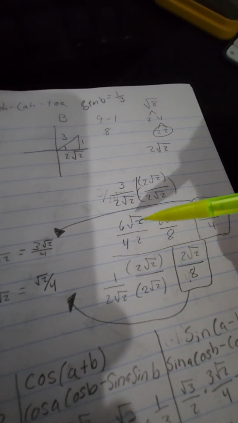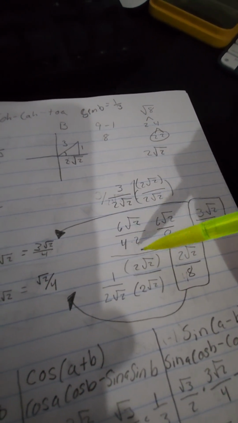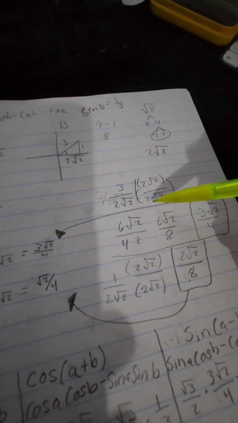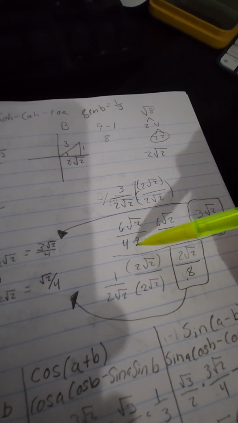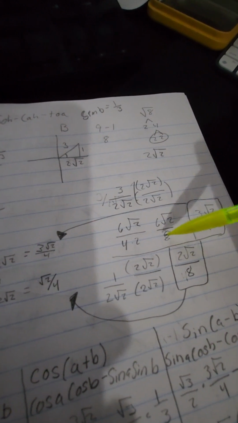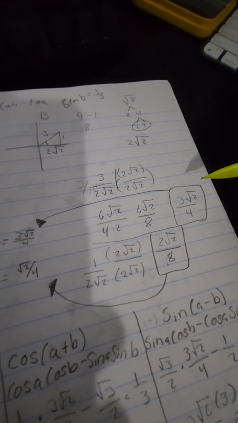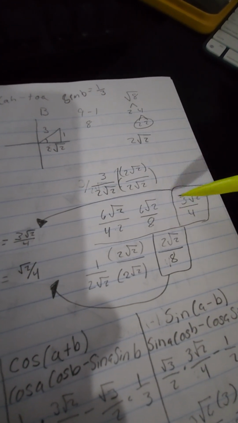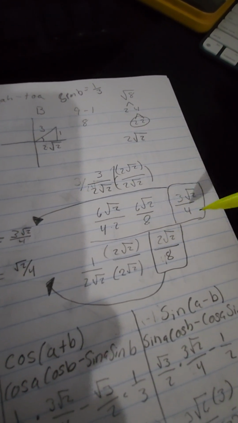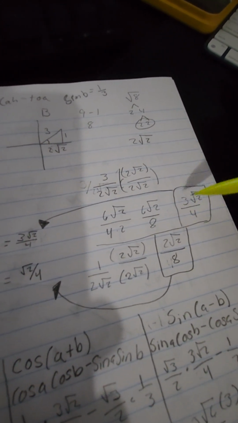Okay, so I'm sorry. 6 square root 2, and then multiply this by 4, and then 2 square root 2 times square root 2 is just 2. So you can multiply those to 8, bring it back to the other side. Then you can simplify these by dividing by 2 on each side. 6 divided by 2 is 3. 8 divided by 2 is 4. Right, so that's how I reduced it.